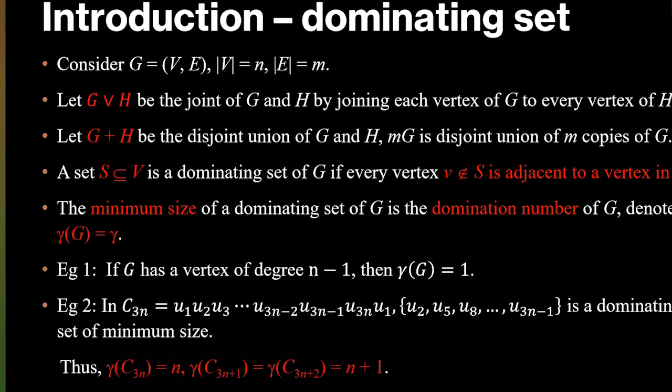Of course, if G has a vertex of degree n minus 1, then gamma is 1. Recall that I always assume that G has order n. And for cycle graph, we can also easily get the domination number of it.